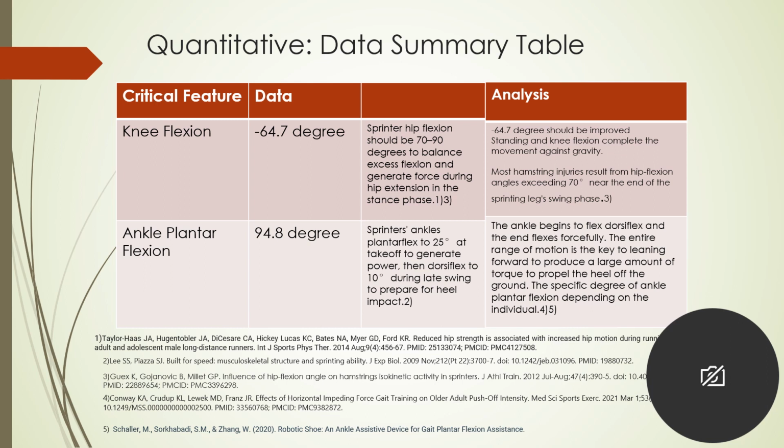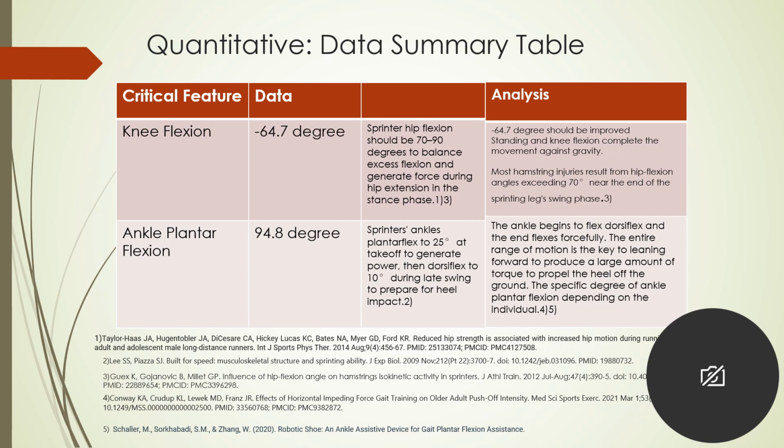So we need to improve our participant's degrees. Another reason is that standing and knee flexion movements need to work against gravity. So the greater the knee flexion, the better the result will be.